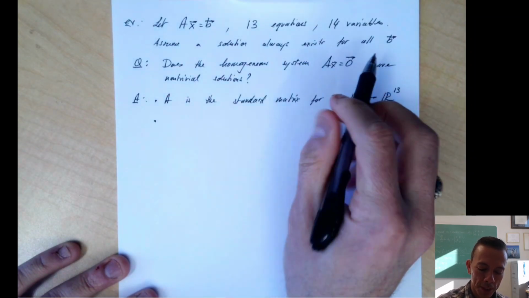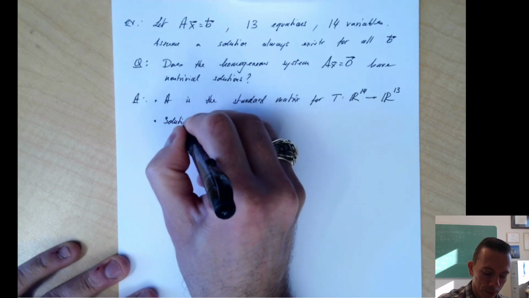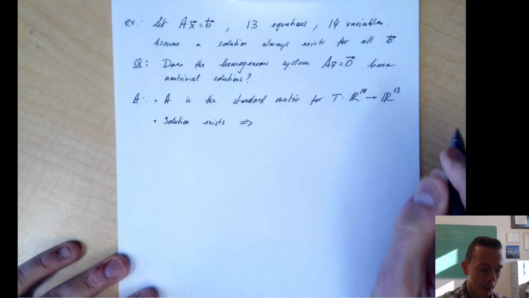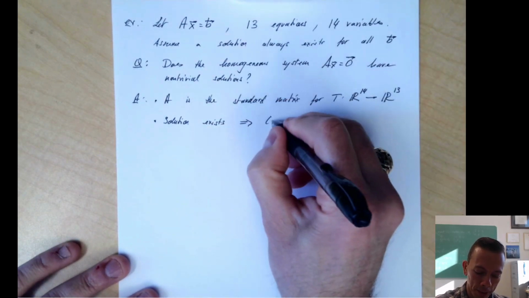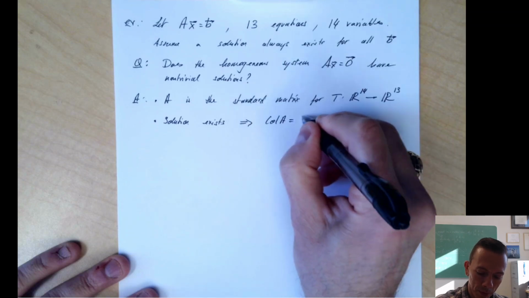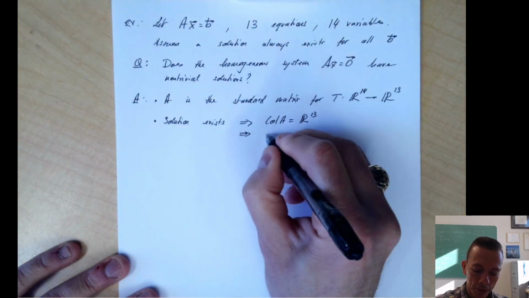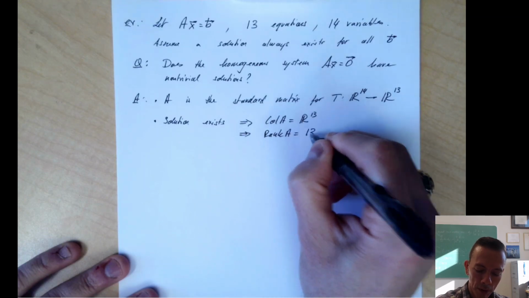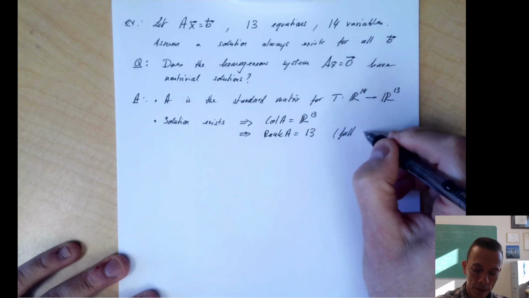So solution always exists. That means that the column space of A is equal to R13. Therefore, we have the rank of A equal to 13, so it's a full rank matrix.